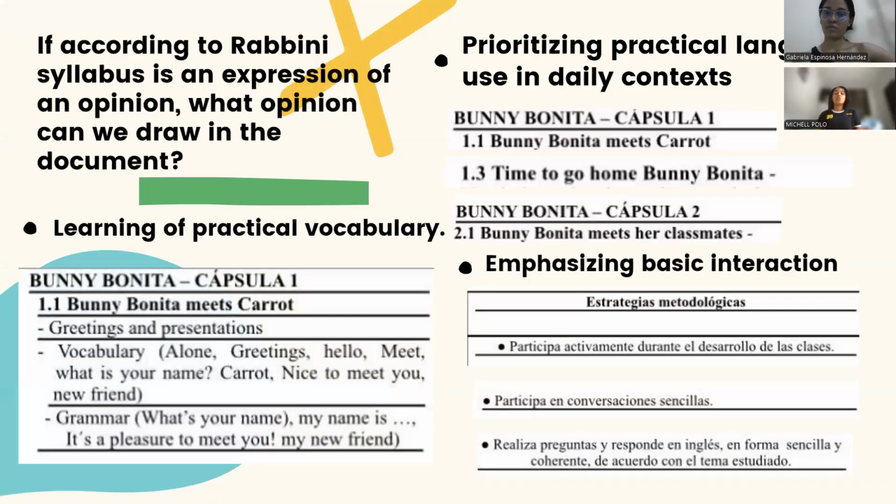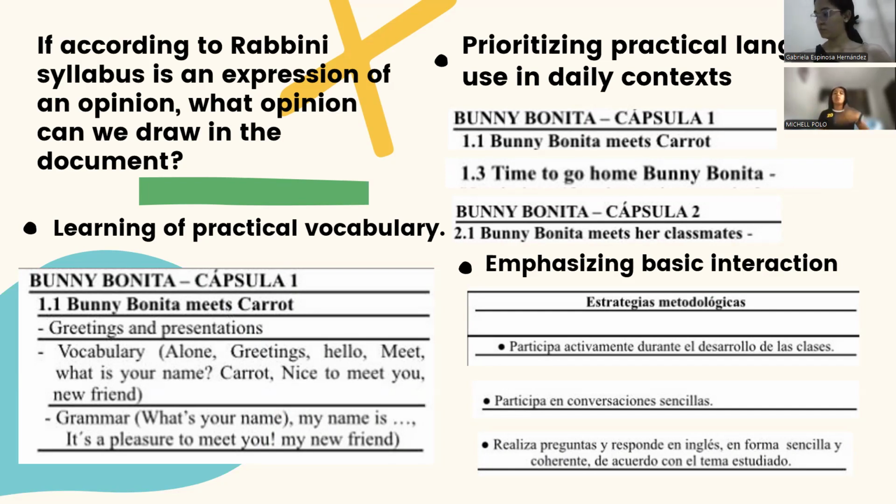If, according to Ravini, a syllabus is an expression of an opinion, what opinion can we draw from this document? Okay, in this document we can notice that the teacher sees the language from a functional view, because the learning is based on practical vocabulary and prioritizes practical language use in daily contexts.